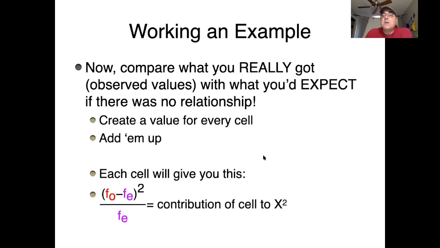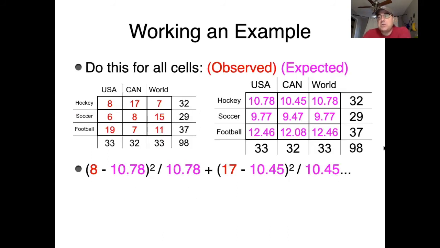Every one of your 9 cells is now going to have this number as well, which is going to be its contribution to the chi-squared statistic. So here's, starting from scratch, where we are going. Here was the raw data. We observed these frequencies in our data. We used them to get these marginal totals.